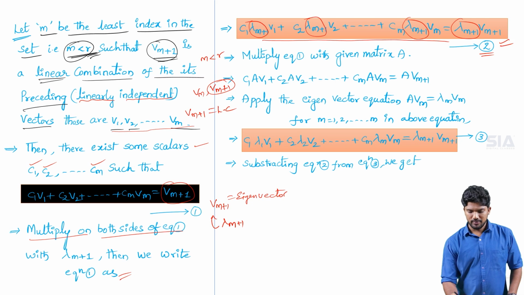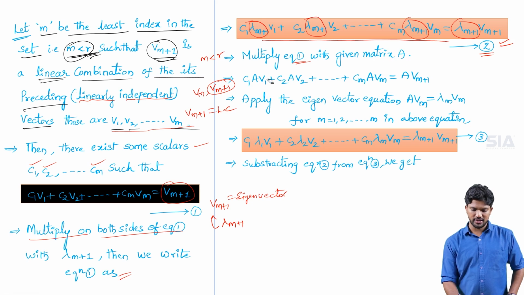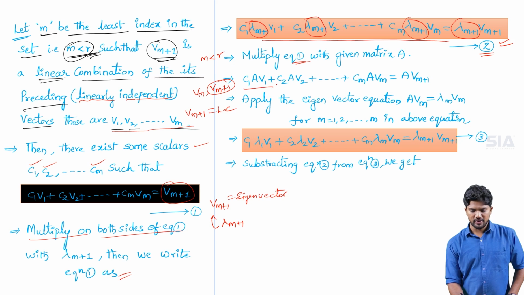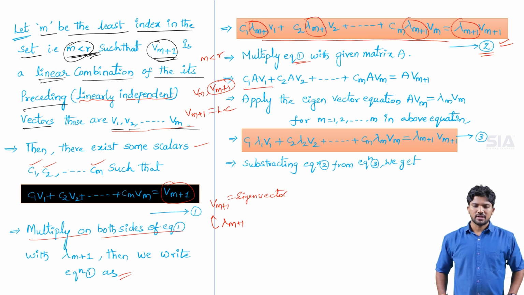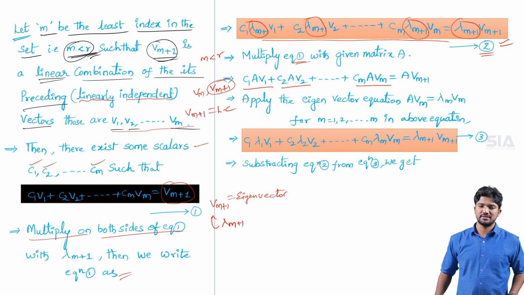After that, multiply equation number 1 again with the given matrix capital A. The resultant equation is c1 A v1 plus c2 A v2 plus up to c suffix m A v suffix m is equal to A into v suffix m plus 1.